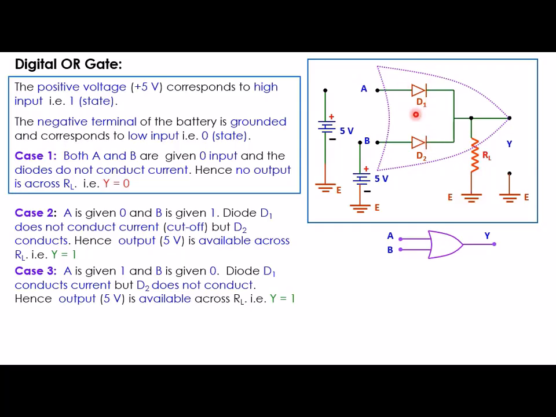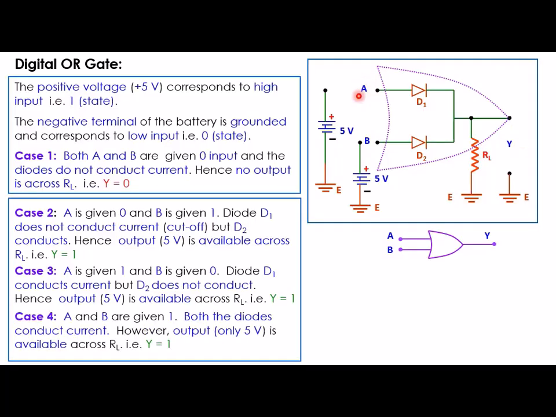So if diode D1 is conducting, then current will flow through this direction, and that will come through RL to this ground. So current will flow through diode D1 to the ground through the load resistance RL, and therefore there will be a potential drop across RL. That potential drop will be equal to plus 5 volt, and you are getting an output Y equals 1.